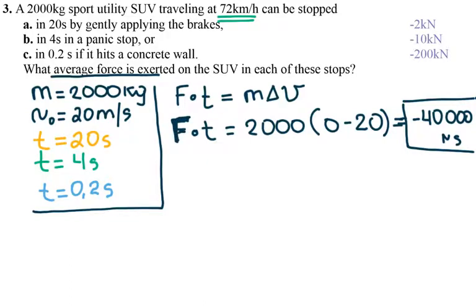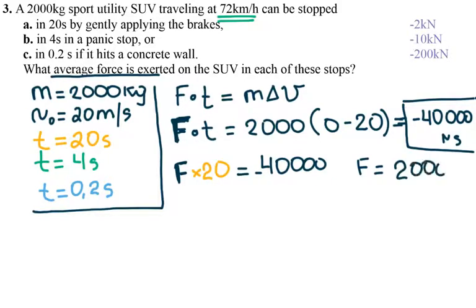depending on the time. So if I choose the time to be 20 seconds, then I get the force equal to negative 40,000 divided by 20, gives me 2,000 newtons, negative stopping force.